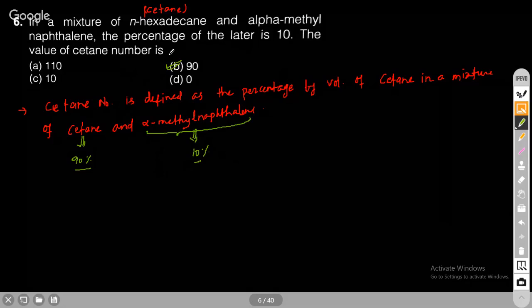Generally, they don't ask this kind of question, but I took this question because of the way they are asking it: you cannot skip any small information. That's why I took this question. Understood? So cetane is n-hexadecane, and the cetane number is the percentage by volume of cetane in a mixture of cetane and alpha methyl naphthalene.